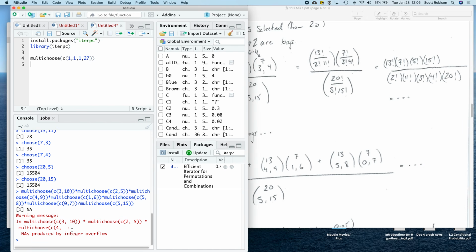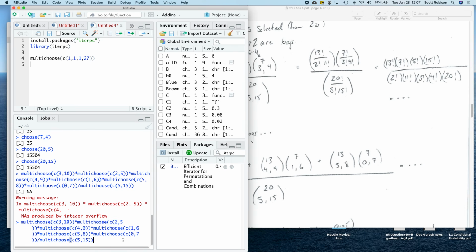Oh, okay. So what happened here? So here, what the calculator is telling me is that I reached a level where the number was so big that it couldn't actually be calculated, because it says warning, multi-choose, all this stuff ended up being a number that was just too big. Okay, so instead, maybe you'll have to break this up a little bit.